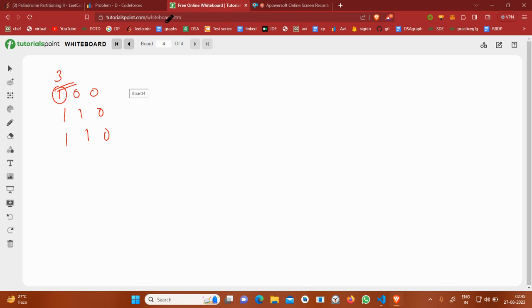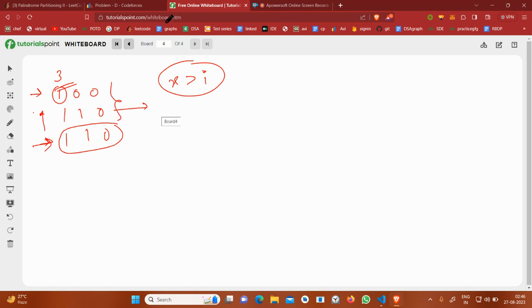And also you should observe why I am starting from the first row, meaning the starting rows. Why am I not starting from the last rows? Because we have been given that x should be greater than i. If I start from the lower rows and then move to the upper ones, I will again have to apply operations, because operations in the lower rows leave the upper rows unaffected.